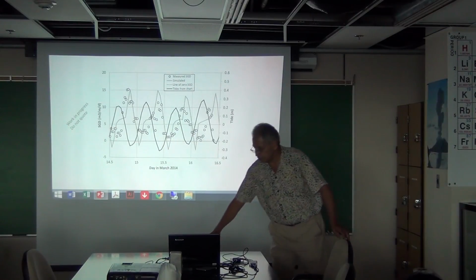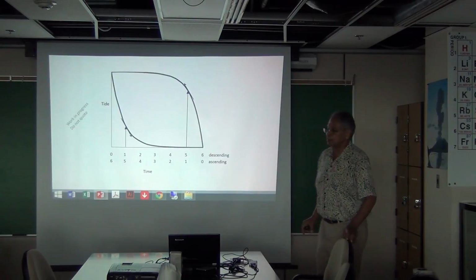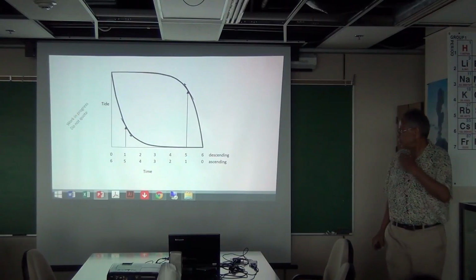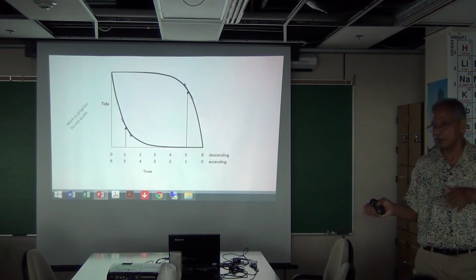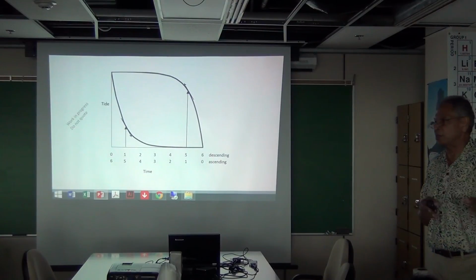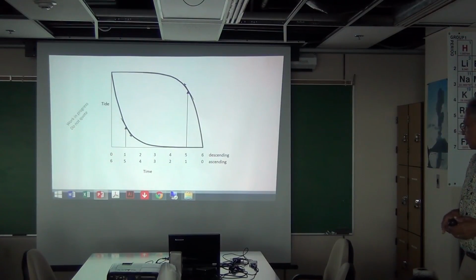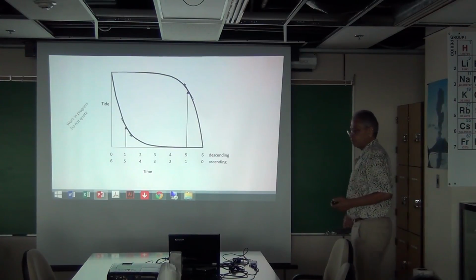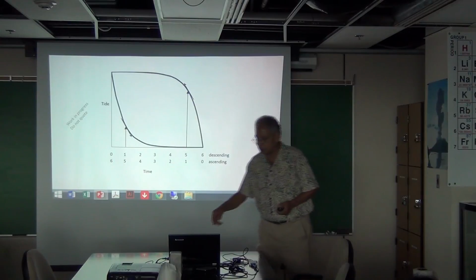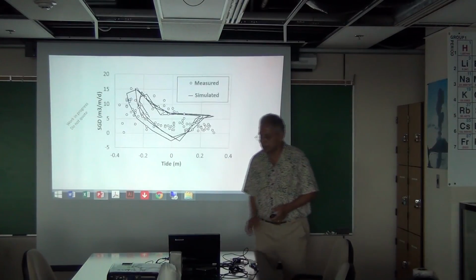But we found something interesting, which is because of the tides, you have flow in and out. So actually, it seems like the SGD change with tides is cyclic. It doesn't follow the same path. Maybe I can show you the next one.